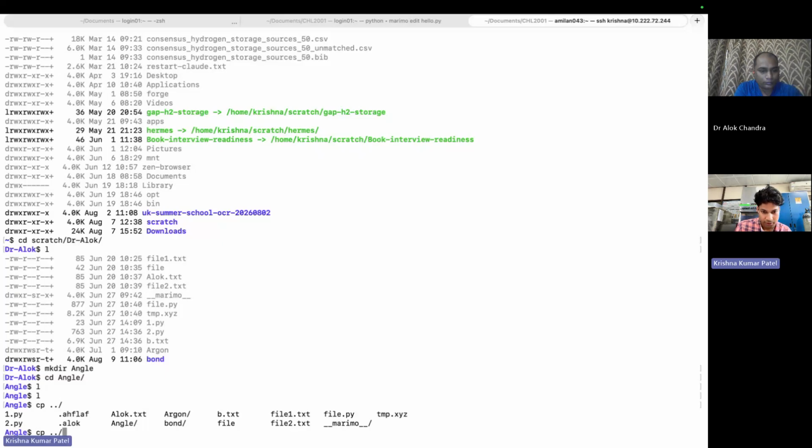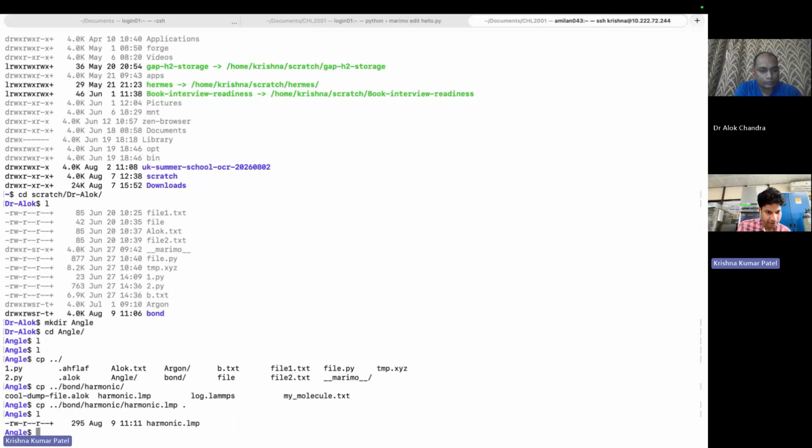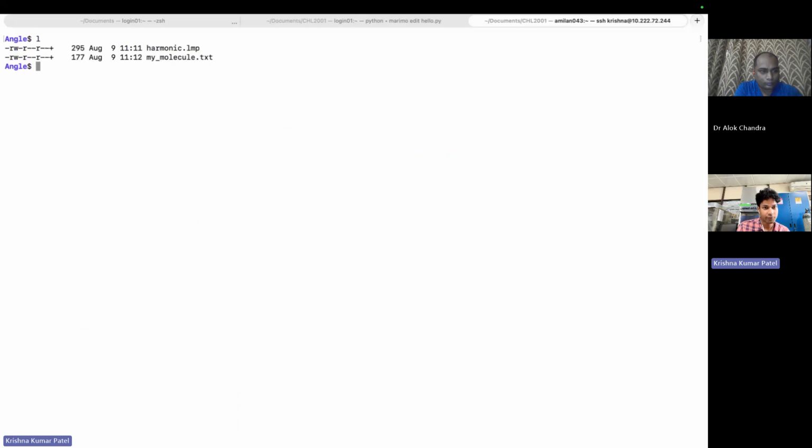Let's go to bond harmonic, and we have the harmonic.lmp file, which we can bring here. Other than that, we also should bring the molecule file. Perfect. Now we have those two files, a data file and a LAMMPS file.